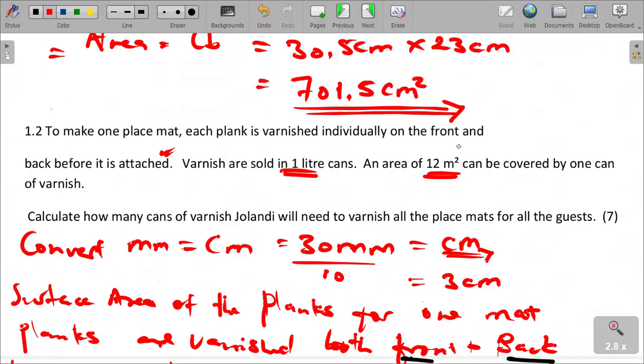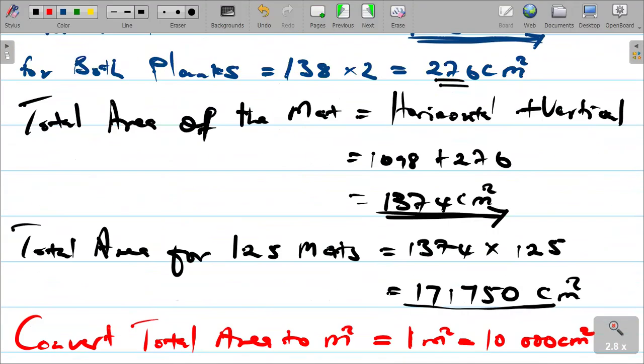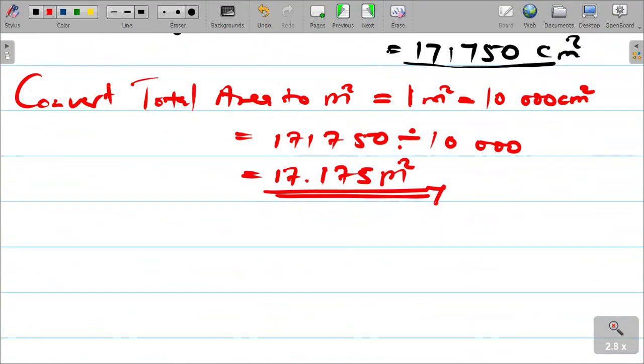So now we want to calculate the total number of cans that can be found here.